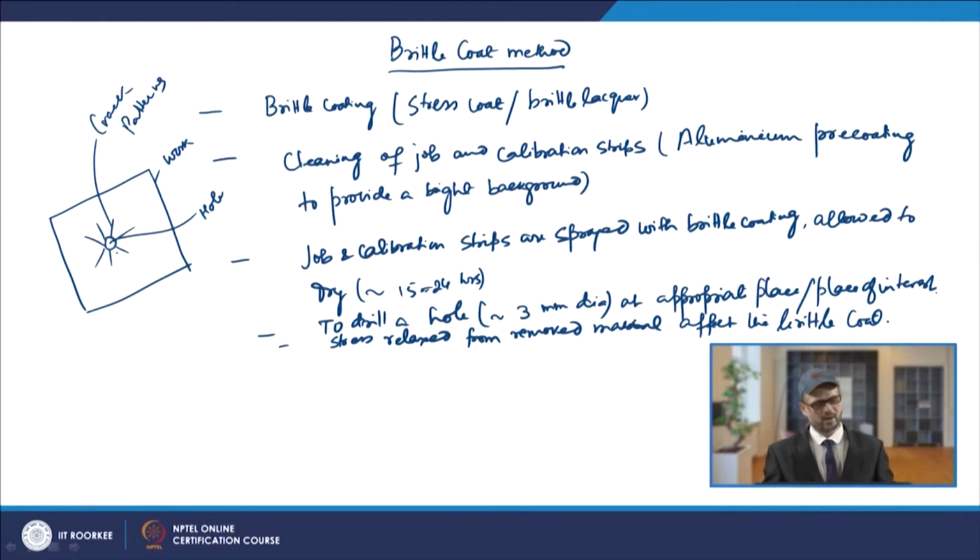The brittle coat method normally gives you a quantitative estimation of the residual stress with an accuracy of about 10%. That is normally the degree of correctness of the data obtained with the brittle coat method.